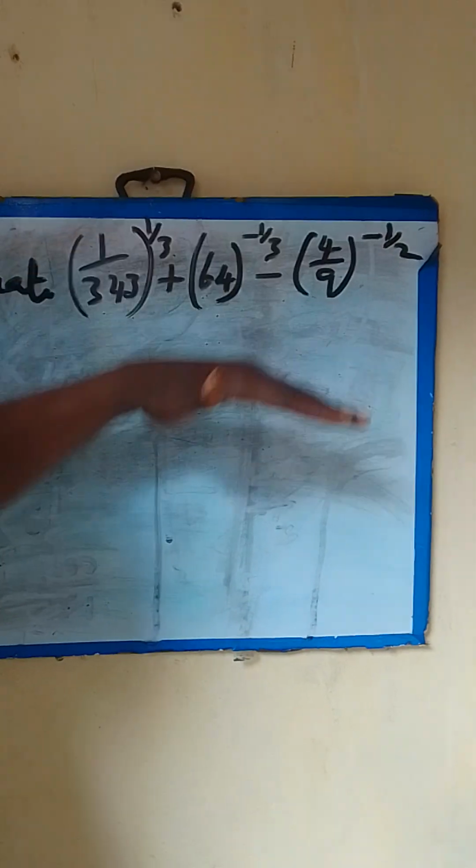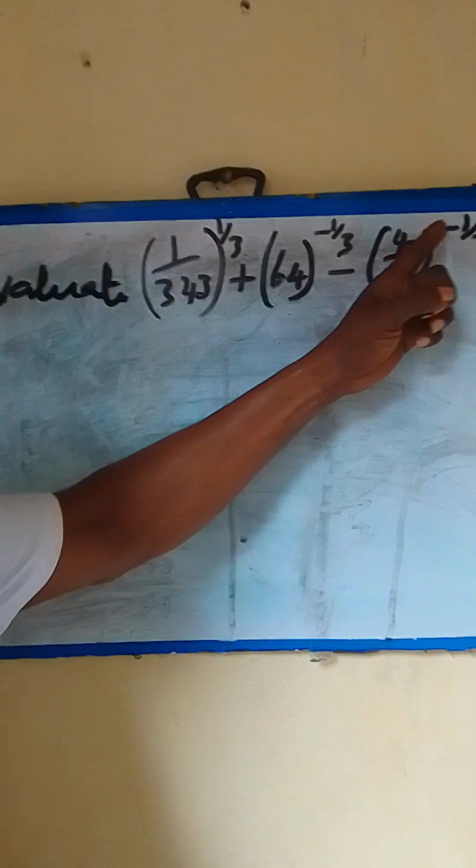So what we need to do here in this case is remove the negative index, remove the minus from the powers.